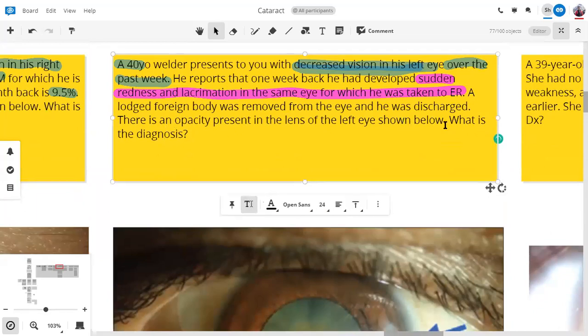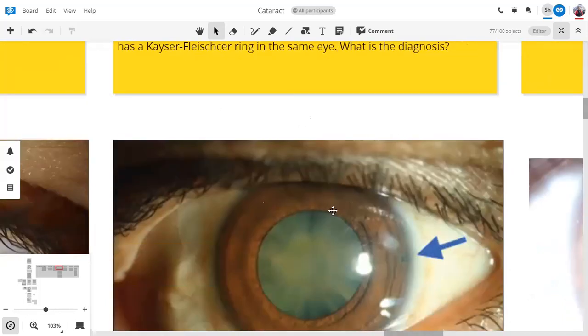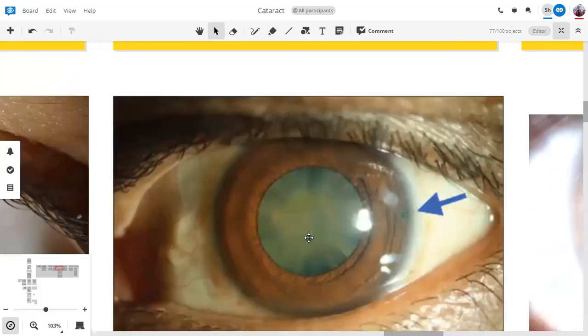But there is an opacity present in the left eye, shown below. Yes, this is a sunflower cataract.